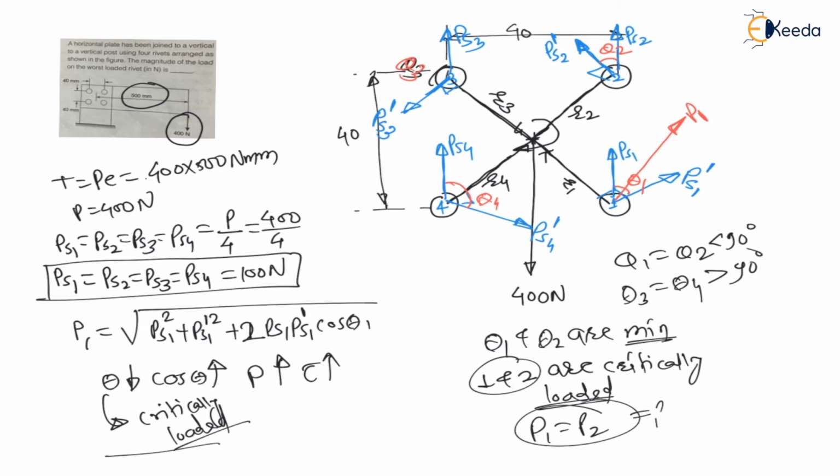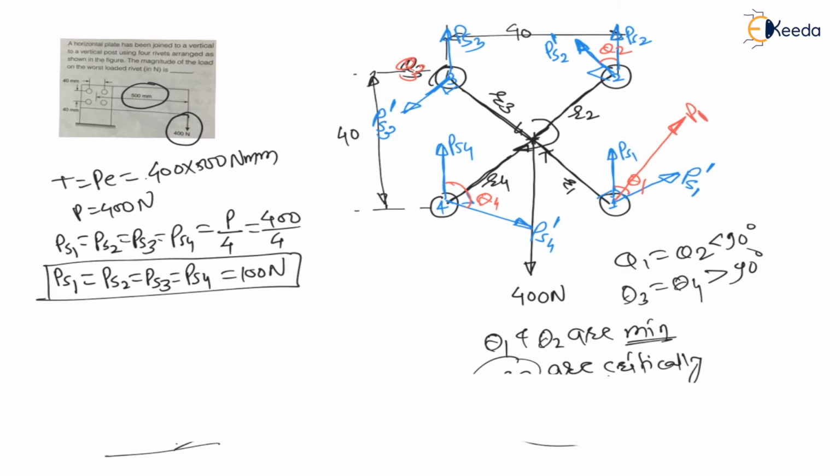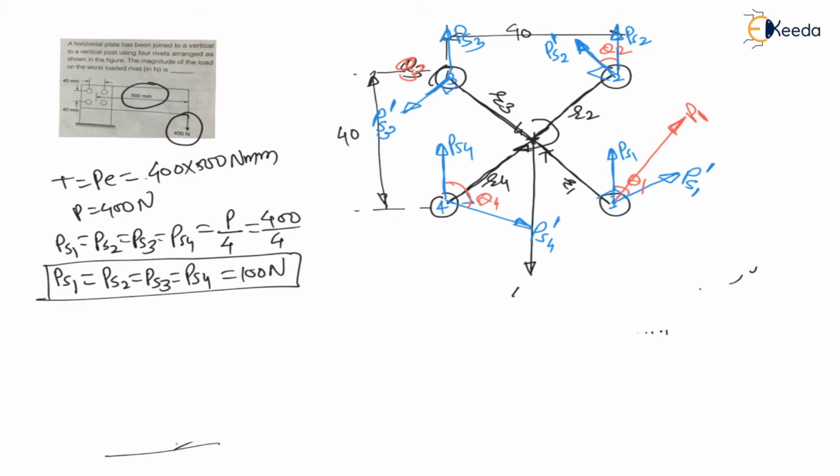Now already we have calculated the primary shear load on each and every bolt. Now let us find the secondary shear load on each and every bolt, or let us say find on only the first bolt, right? Now to find the secondary shear load, if I want to find PS1 dash, it is K R1, where K is nothing but P into e divided by R1 square plus R2 square plus R3 square plus R4 square, into R1.